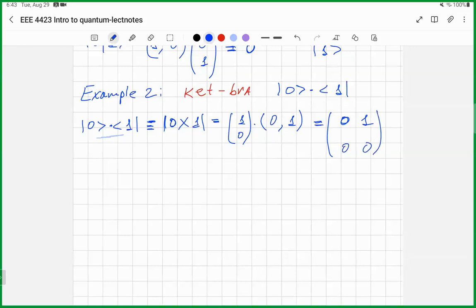So you see, as a result of cat-bra product, instead of scalar or vector, I get a matrix, a 2 by 2 matrix with 2 rows and 2 columns.